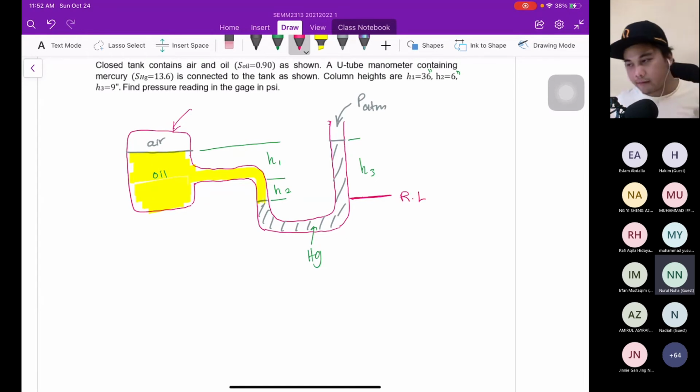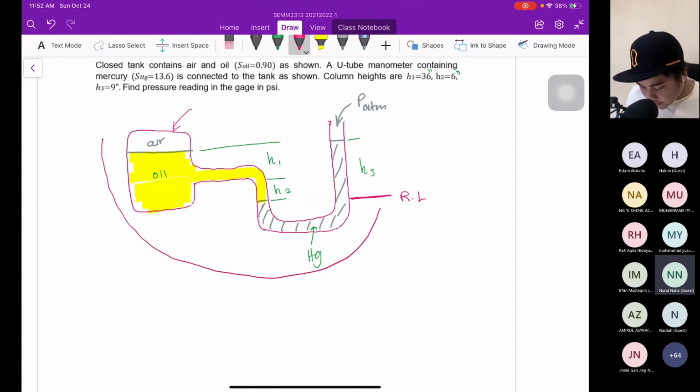So any measurement must refer to the reference line. Because you can see H3 relates to RL, and H1 and H2 relate to RL. So it is better I put the reference line here. And then have the direction: I want the calculation to start from here and finish here.